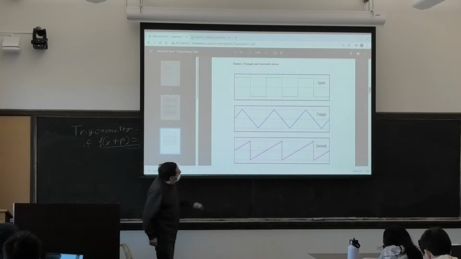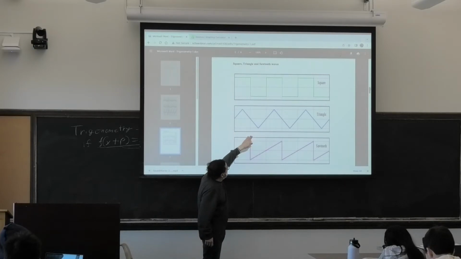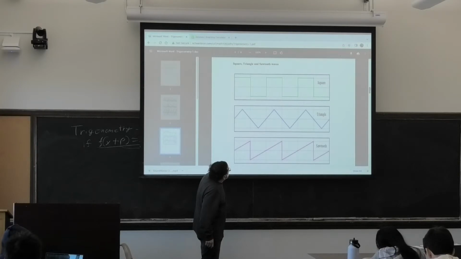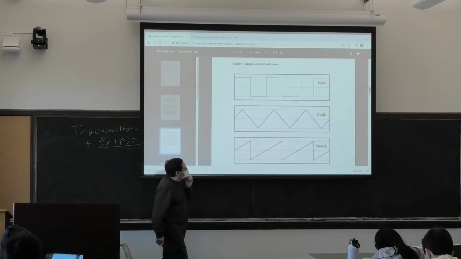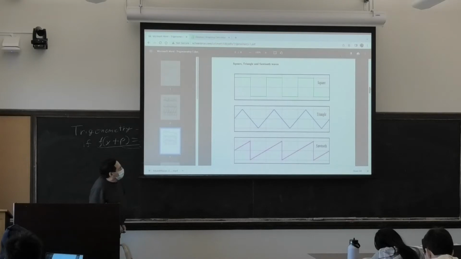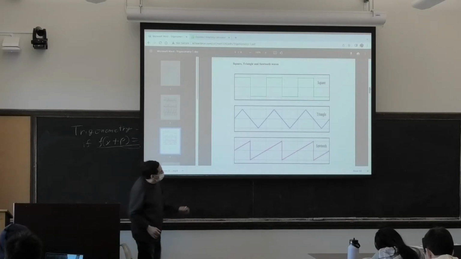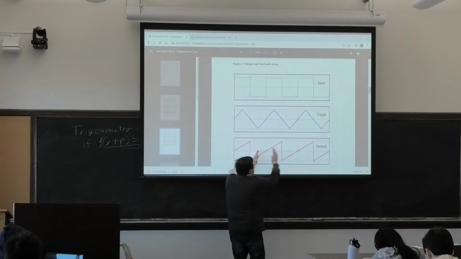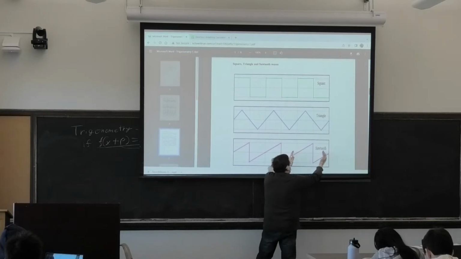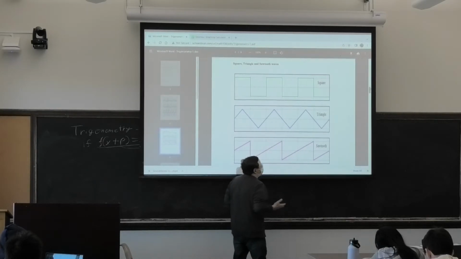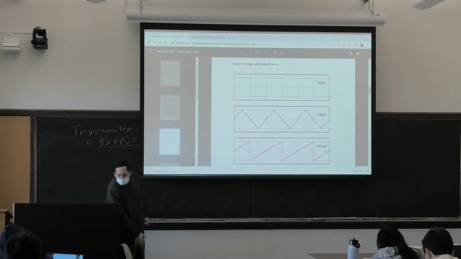You can also have what we would call a triangle wave or a sawtooth wave. And these are all part of electronics. But again, as long as you're a distance of the period, the value is always the same. It's just the same idea.